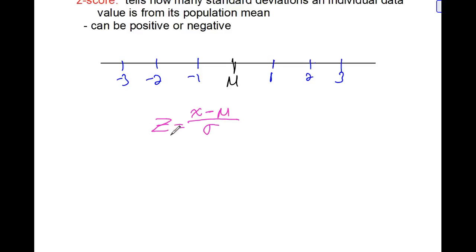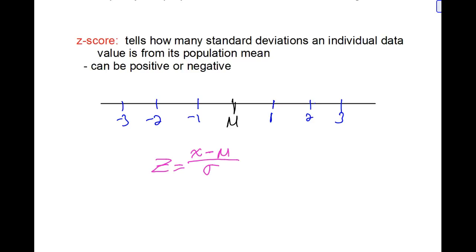That will give us our z-score. So we take that deviation divided by the standard deviation and get our z-score. When we standardize it, this allows us to compare things, which we will learn more about in other sections.